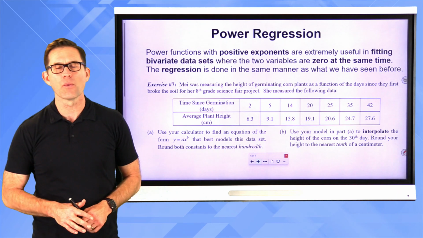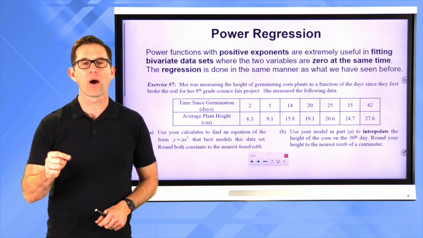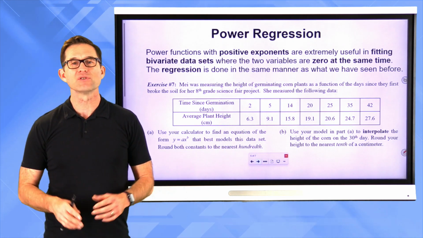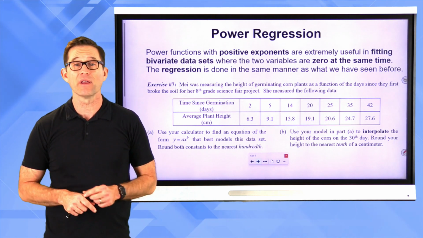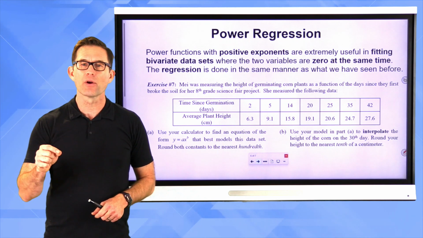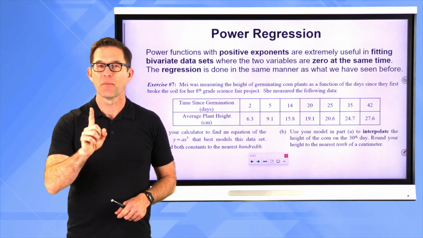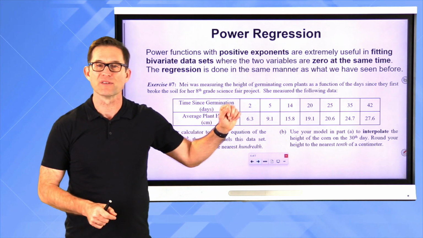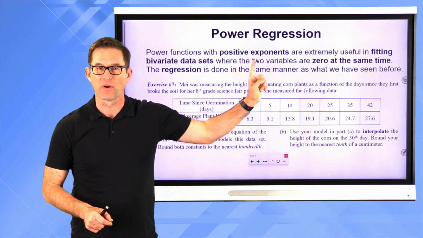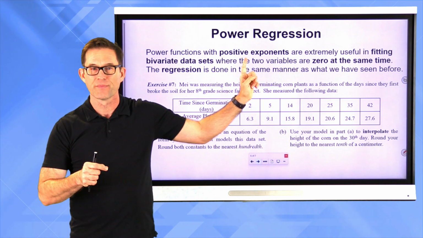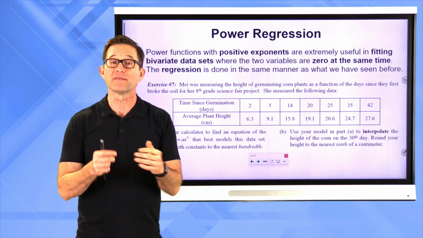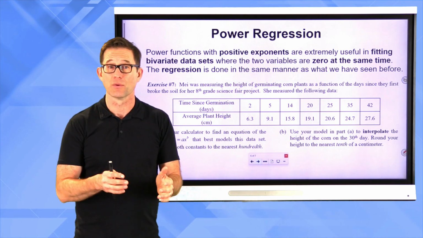Now there's one last thing that we're going to look at today, and that's what's known as power regression. Power functions with positive exponents are extremely useful in fitting bivariate data sets where the two variables are 0 at the same time. What we just talked about is that a power function with a positive exponent has to pass through the point 0, 0.